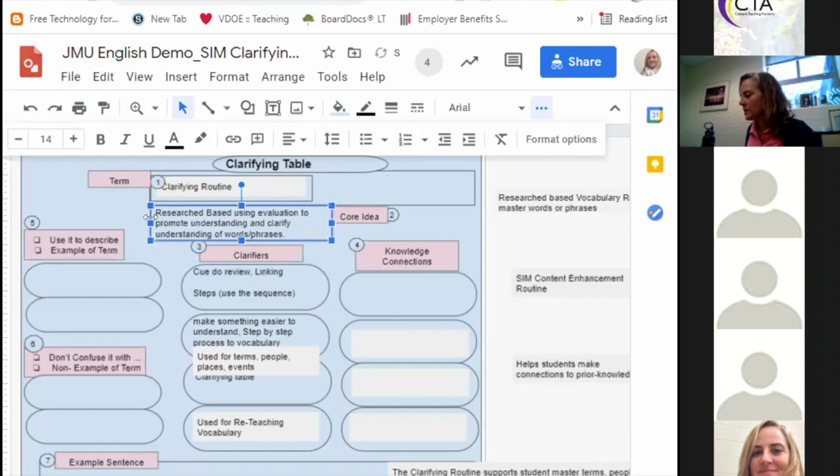And so let's see what we got here. Research-based, using evaluation to promote understanding and clarify words and phrases when teaching vocabulary.